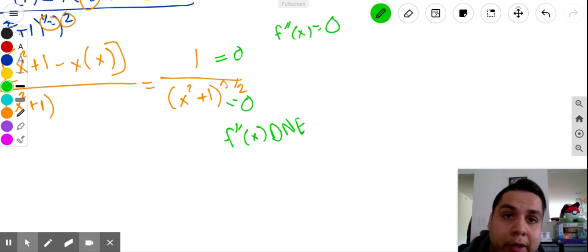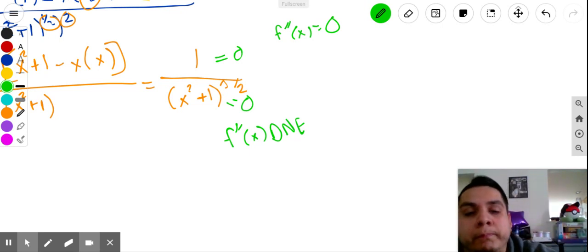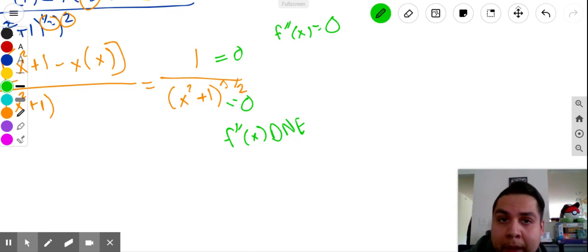However, if I look at the numerator, 1 equals 0 means I have no solution. So my best bet is going to come from the denominator.